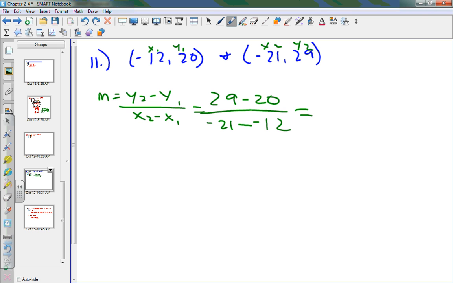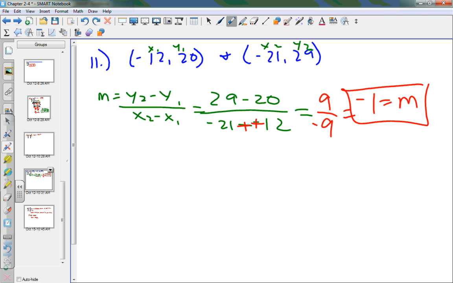What's minus a negative? Plus a positive. So what's 29 minus 20? What's negative 21 plus 12? If you don't like subtracting, count up. 12 goes up to 20 by 8. Add 1 more, gives you 9. Negative. That gives you negative 1 is equal to m.